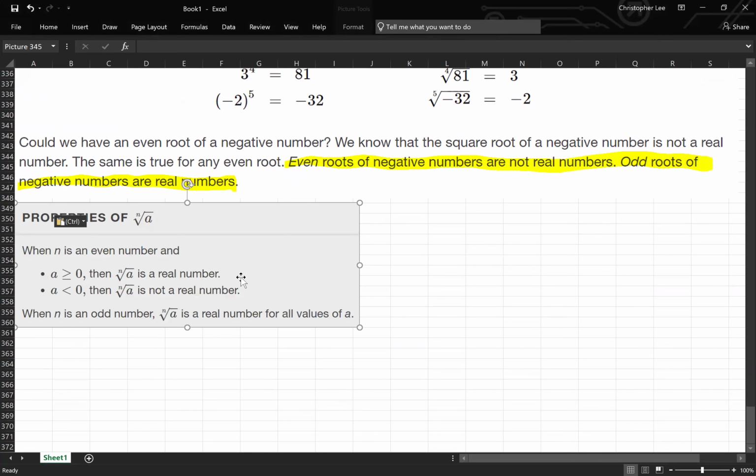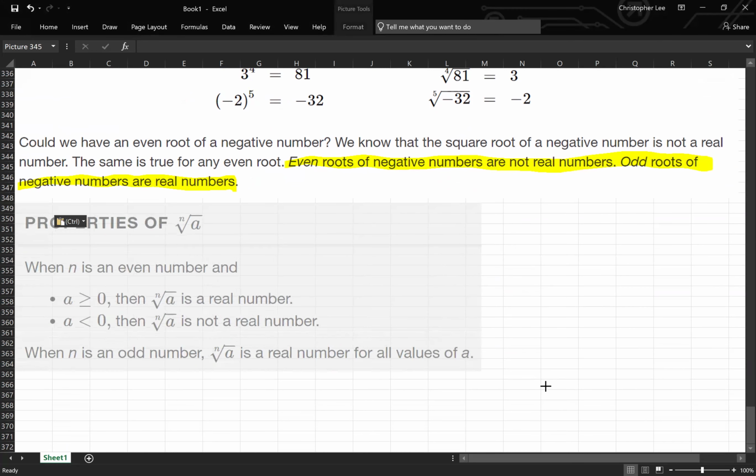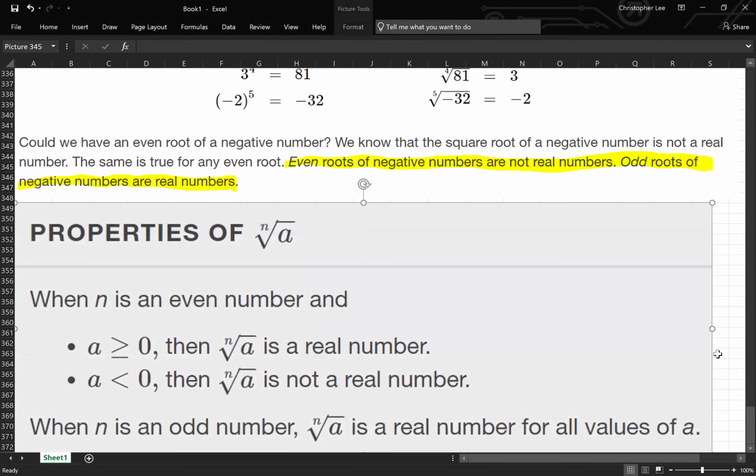Let's look at some properties of the nth root of a. When n is an even number and a is greater than or equal to 0, then the nth root of a is a real number. When a is less than 0, then the nth root of a is not a real number.